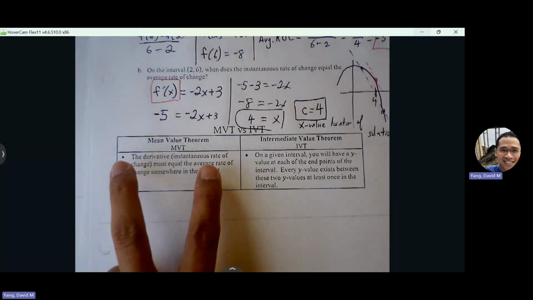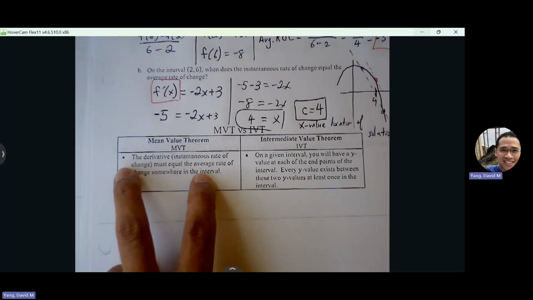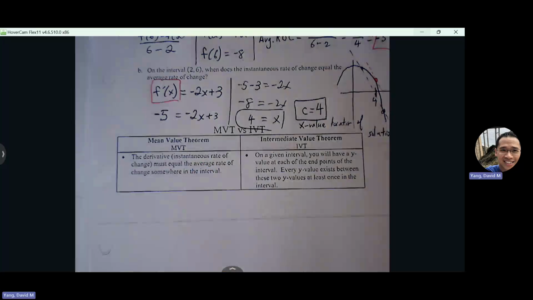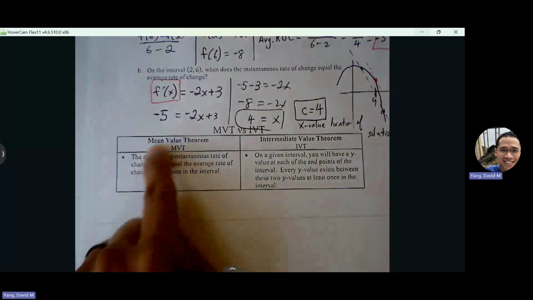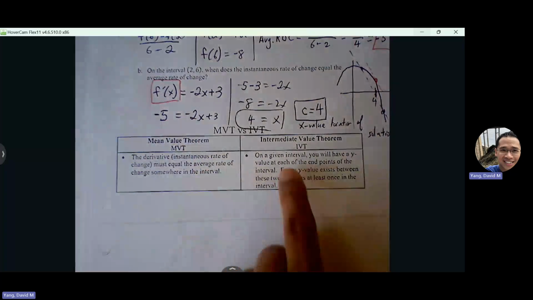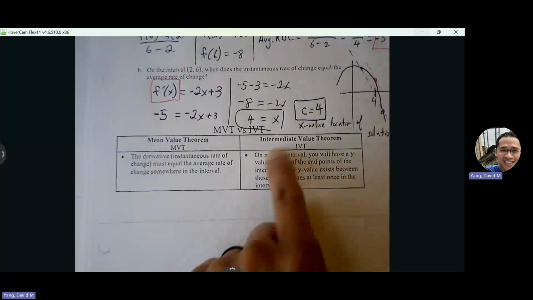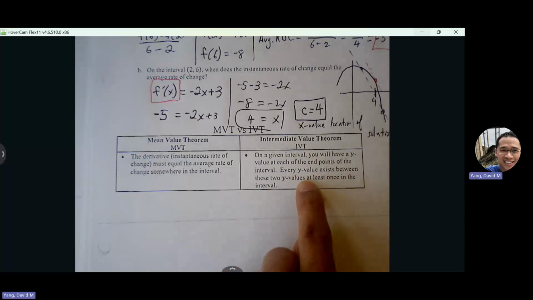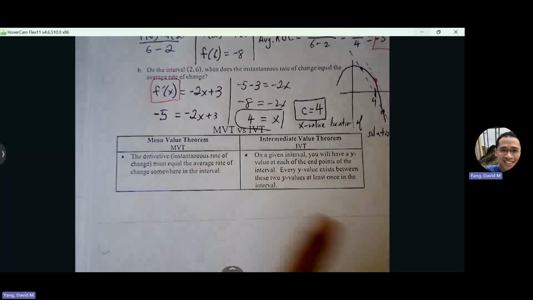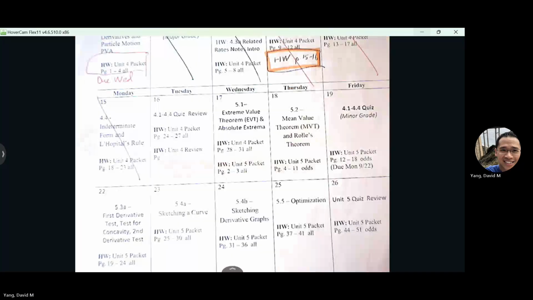But if they don't give me the function, or if they give me the function and they ask about something about the slope of that function, then we have to rely on mean value theorem. Okay, so if we're at the level that the problem is giving us, then we can use IVT. But if we're not at the level that the problem is giving us, then typically it's mean value theorem, and we have to use mean value theorem to guarantee that slope.